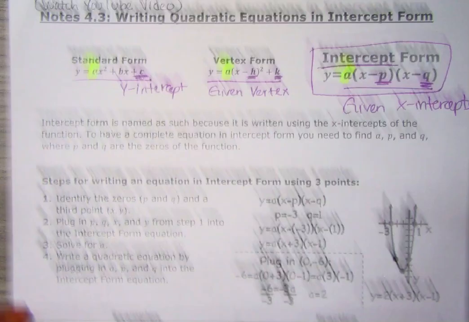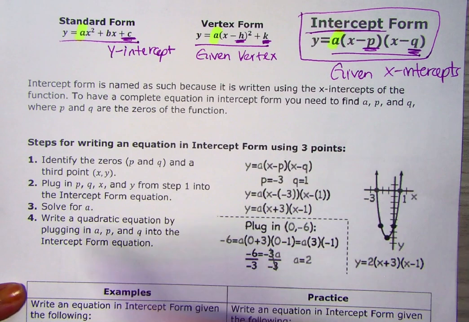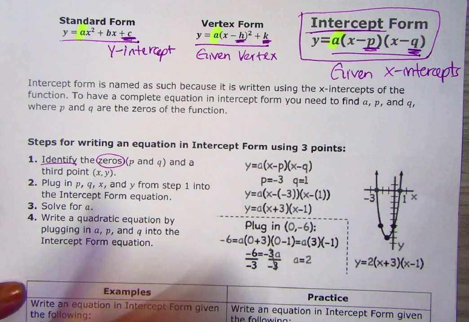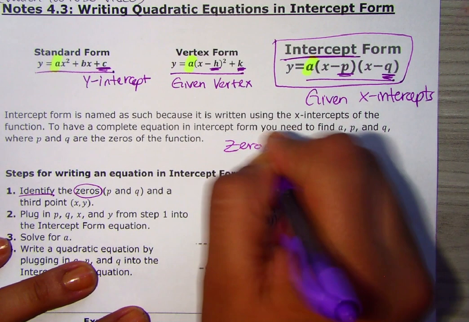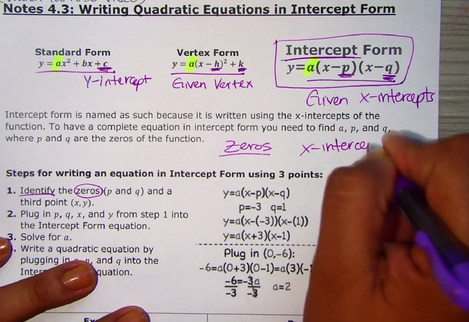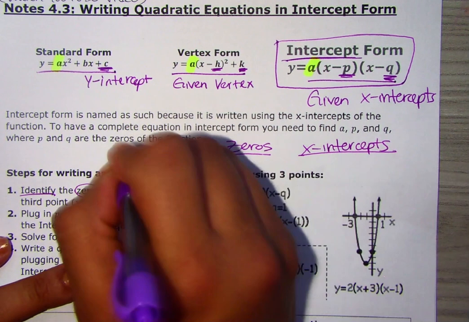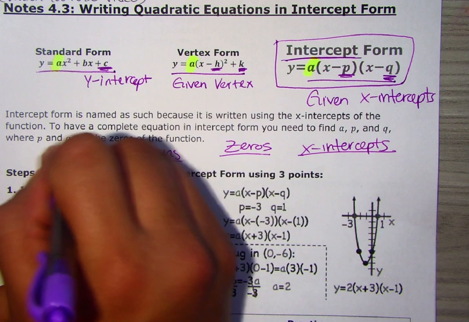So here are the steps of how to write intercept form given the intercepts. So you're going to identify those zeros. And once again, you need to know the vocabulary: zeros, x-intercepts. They're also called solutions. And they're also called roots.